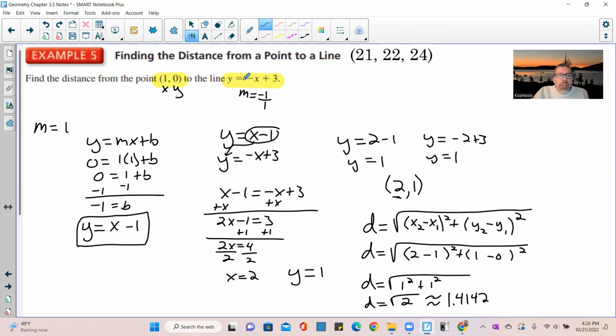So the slope is the negative reciprocal, and you find your y-intercept and you get the equation of your line. Set those two equations equal and solve for x. Substitute x into the equation to find y. Do the distance formula with your original point and the point on your perpendicular line where they intersect, and you get the distance. Okay, so now try 21, 22, and 24.